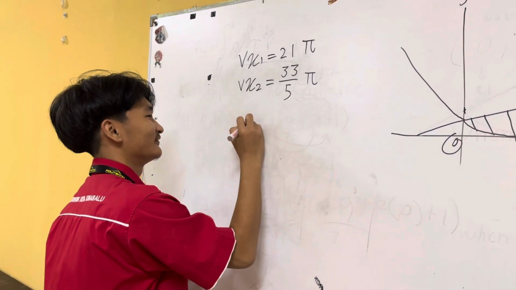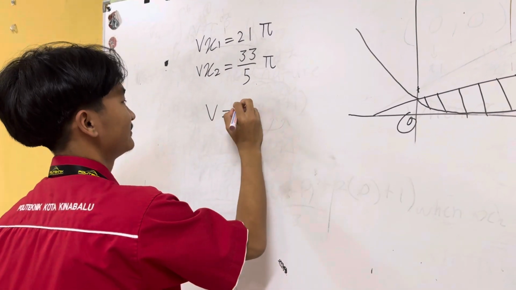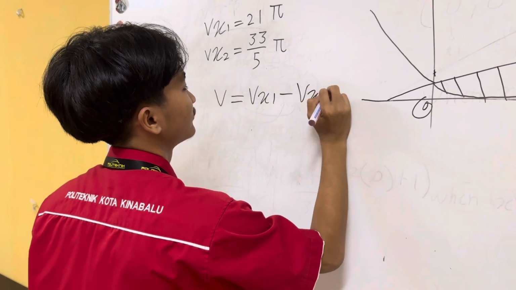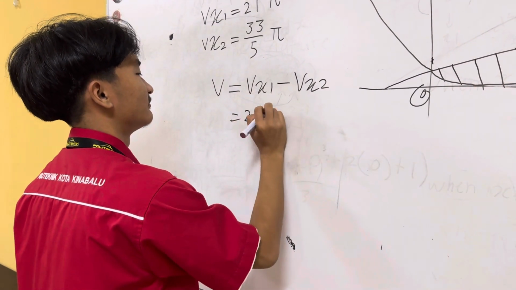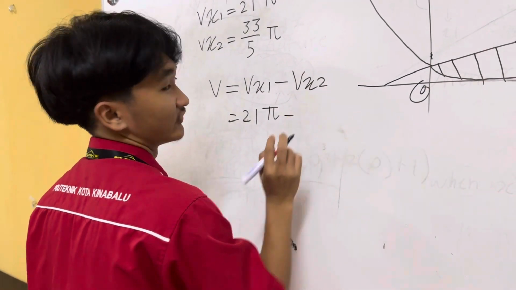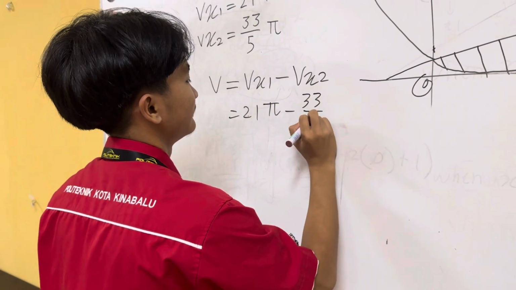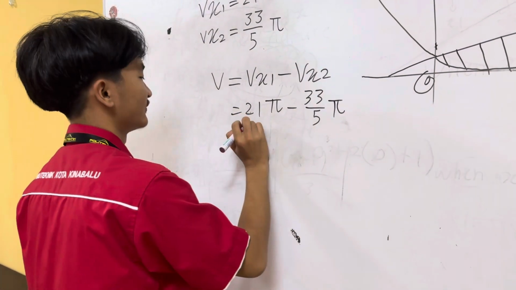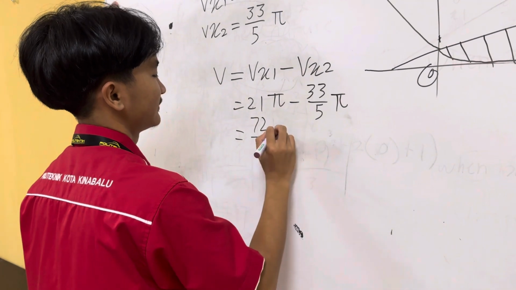When we get the volume, Vx1 minus Vx2, then 21 pi minus 33 divided by 5 pi, and the answer is 72 divided by 5 pi.